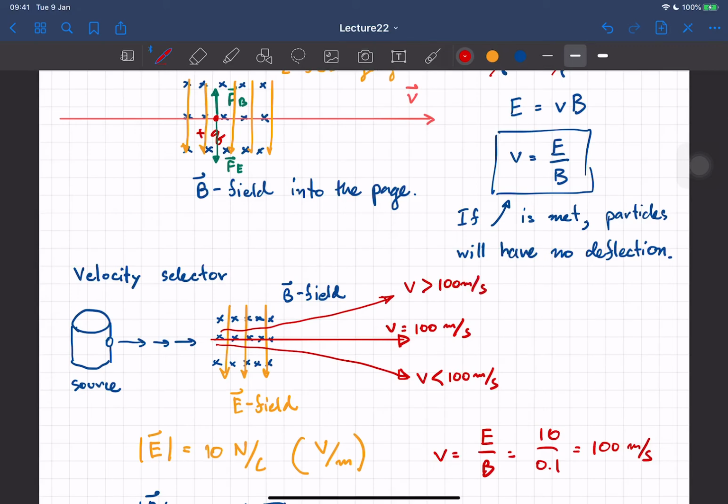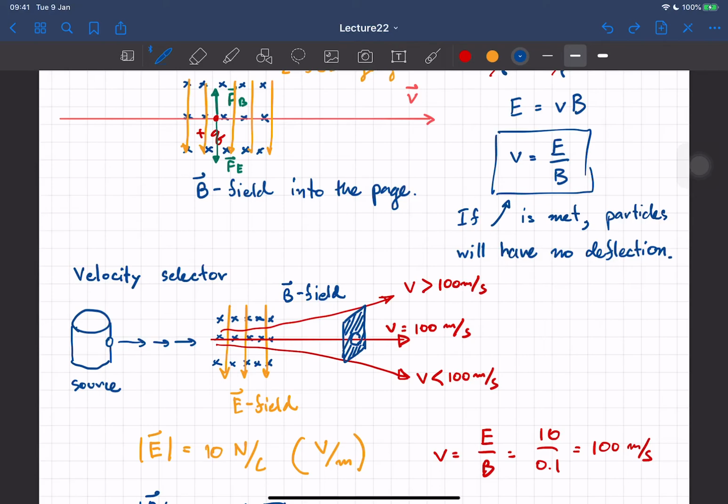So what you need to do in the experiment is make a kind of shield, and you just punch a hole in the middle of the shield like this, right? So that anything not going through the hole will get filtered out. In this case, you can make sure that the only thing that survives is the velocity that you want, 100 meter per second.